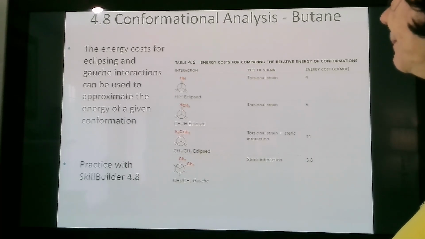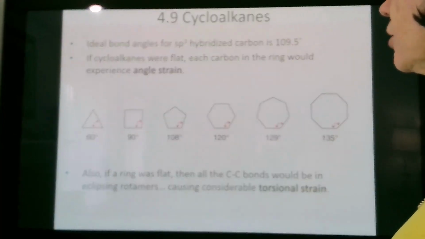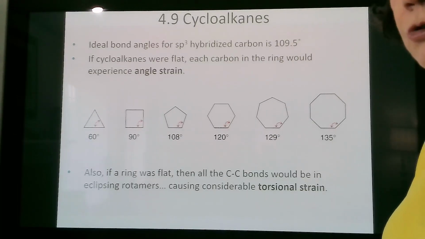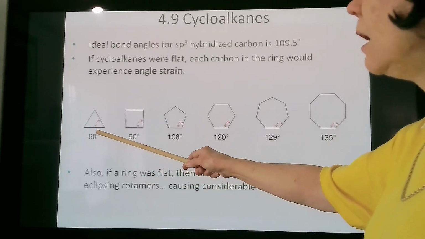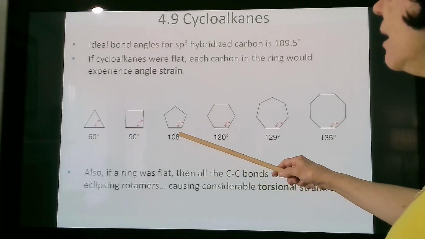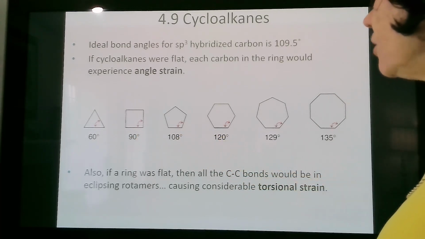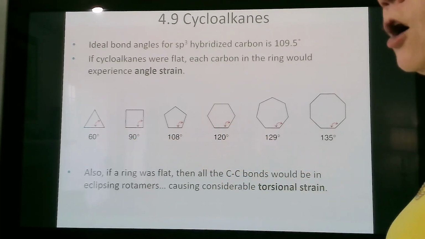Now, cycloalkanes. Remember, I showed you this also in your molecular models. I showed you in particular cyclopropane, cyclobutane, cyclopentane, and cyclohexane. Here they're drawn flat on the sheet of paper.